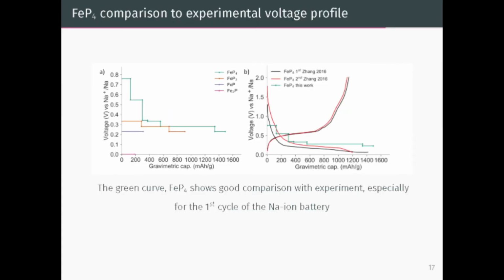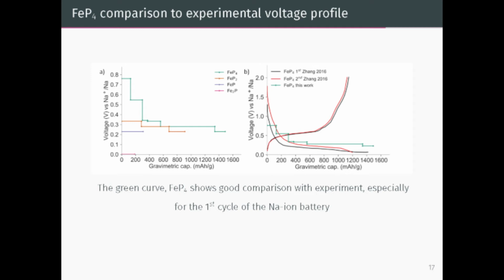And what we found over here was that the FeP4 structure, which is in green on the left-hand side of this diagram, does show some potential to actually be able to be cycled versus sodium. So if you see, there are all these different horizontal lines, which are different phases that you pass through as you're going along that ternary triangle that I showed you before.